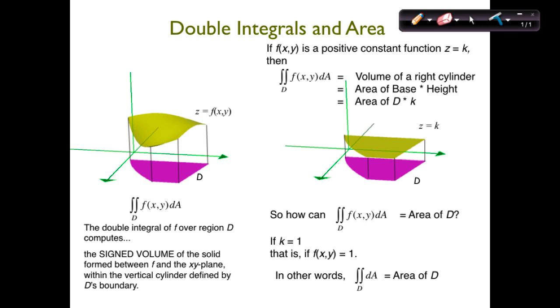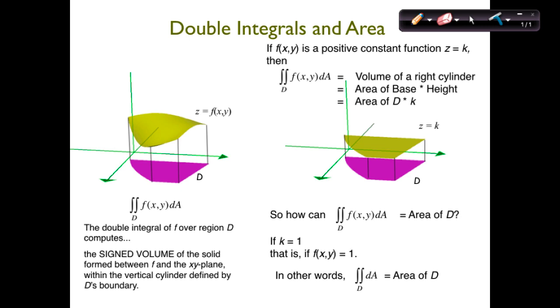So in that case, if the function is just the function 1, and you compute the double integral, the value of that is going to be the area of D, by this train of logic.